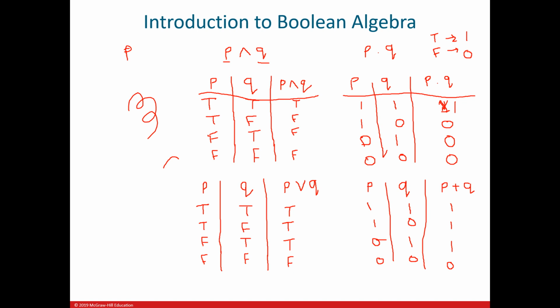So we can draw the exact same parallel between propositional logic and Boolean algebra, but in this case these are treated as bits, and instead of true false we are using 1 0 to represent the truth tables. And similar truth tables, if we have 3 variables and we have to draw a truth table for Boolean algebra, it will be very similar to what we did for our propositional calculus.